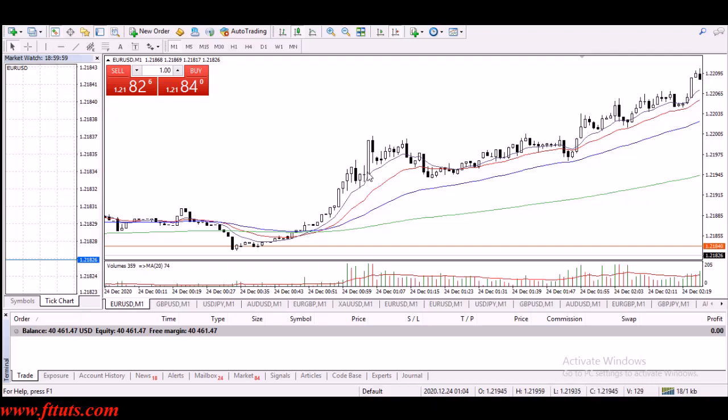Traders think that big candles indicate that the price will keep going up much further, but big candles most probably indicate that buyers are taking profits. That's why after big candles the price retraces immediately toward the EMAs. So here you can close and you can buy again when the price retraces to the EMAs.